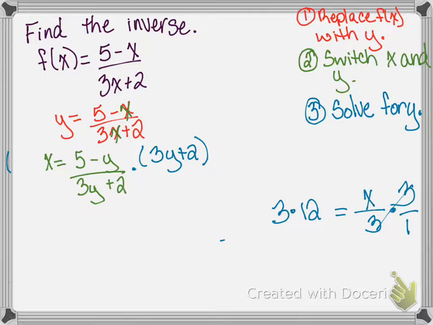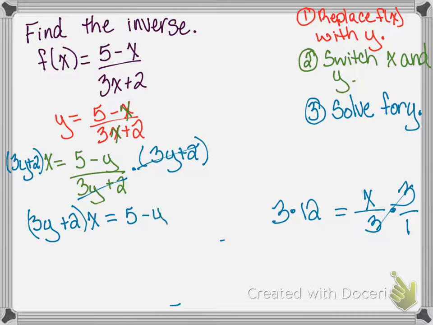And students usually do okay with multiplying by the denominator, but they forget that it cancels out. When I multiply that, I am undoing the division. And so that denominator cancels out with what I'm multiplying by. So I am left with 3y plus 2 times x equals 5 minus y.